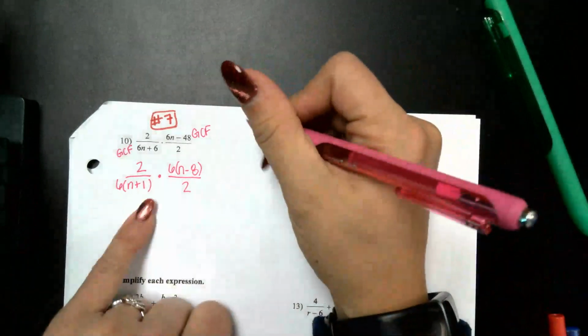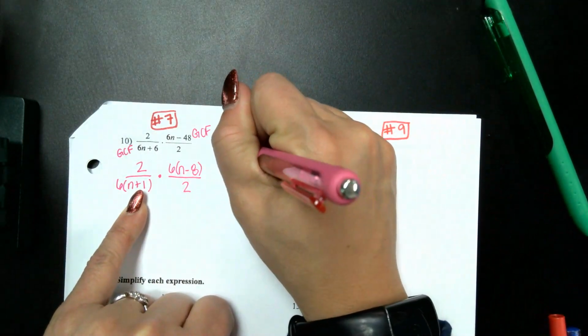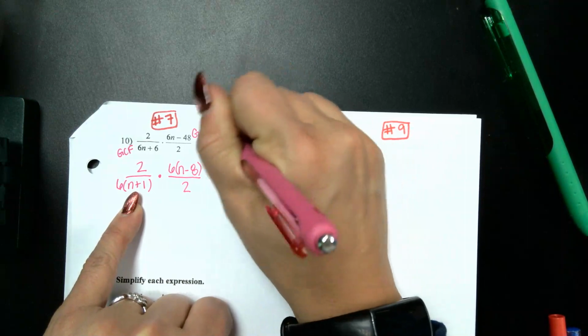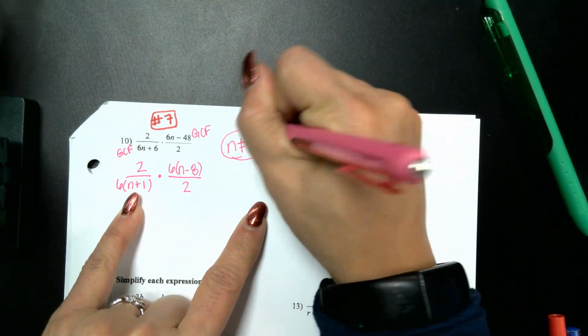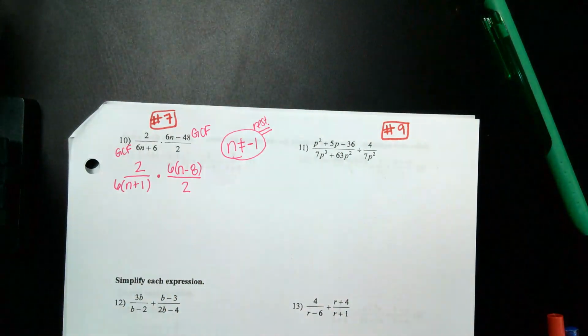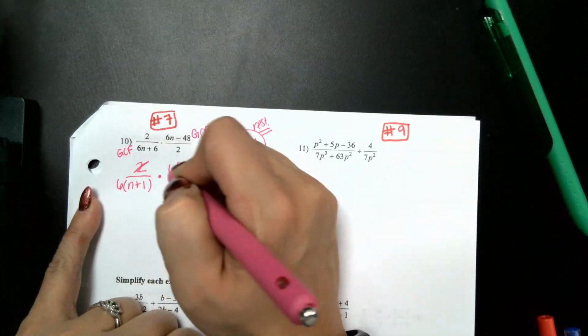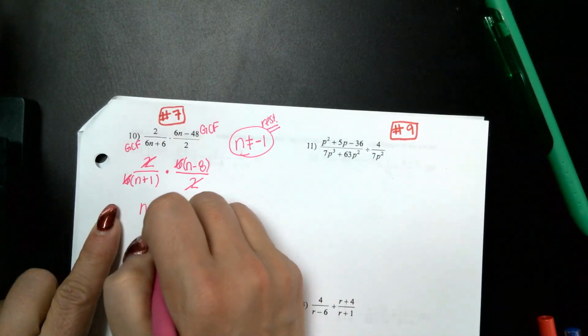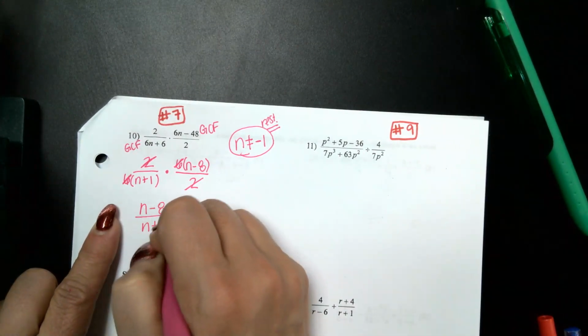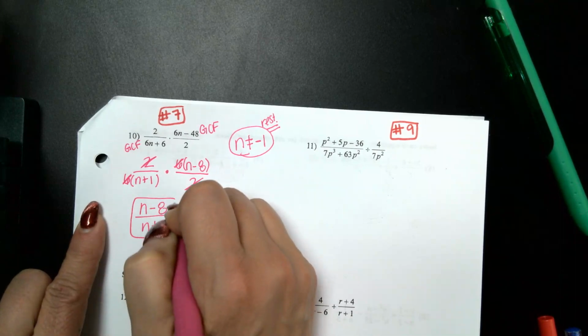There's only one restriction. n could not equal negative 1. And the 6s? Yep.